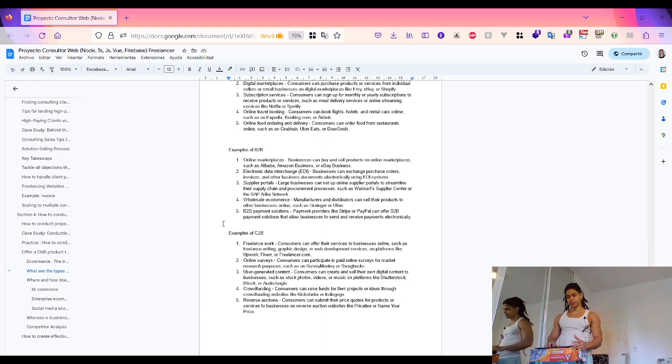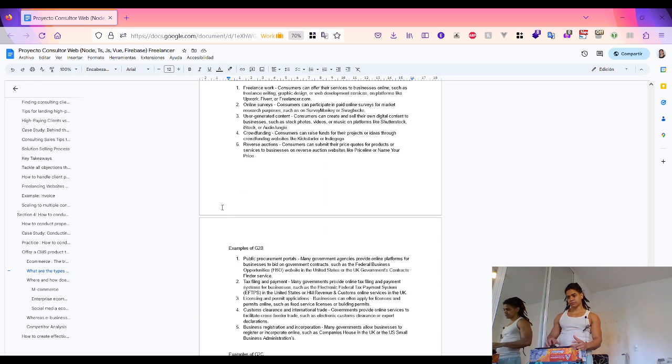Licensing and permits. Licensing and permit application is when a business applies for a permit or a license, such as food service or building permits.